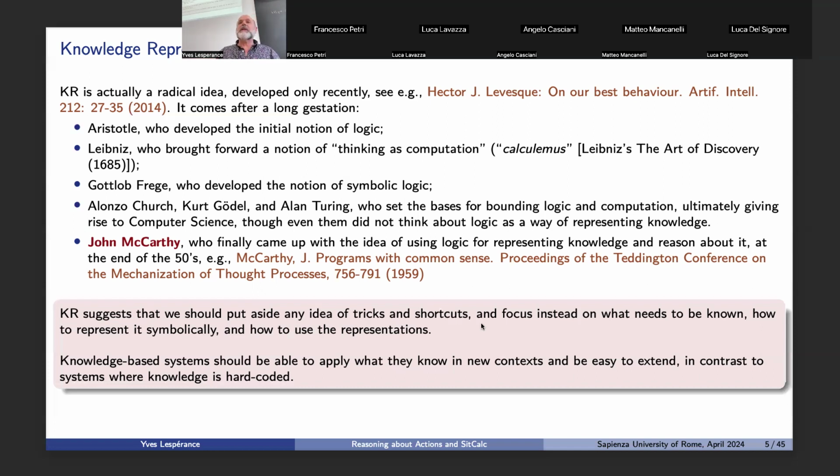There was a period, especially in the 80s and 90s, where expert systems were very, very popular. But over time, companies found that it was very costly to develop and maintain them, because you had to get experts in the areas, medical experts or experts in configuration of systems and so on, working together with PhDs in computer science to develop the system and the knowledge that you put in it.